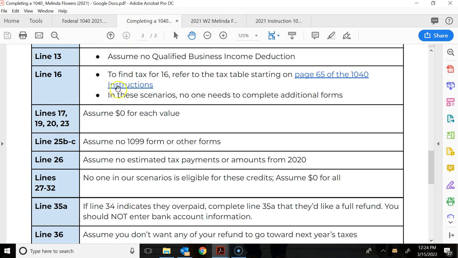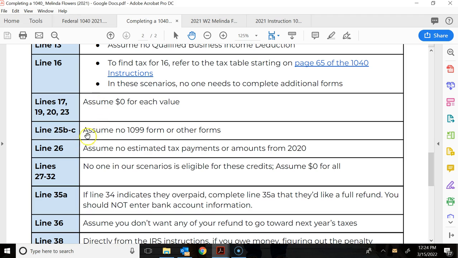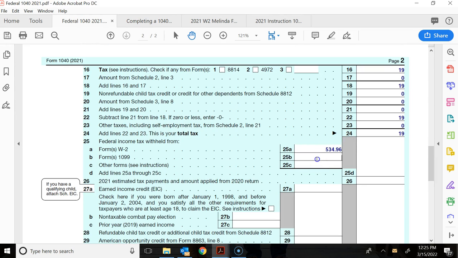Our cheat sheet says that for 25B through C, we're assuming that there's no 1099 form or other forms. So for 25B, we're going to put a 0. For 25C, we're going to still have our $534.96.